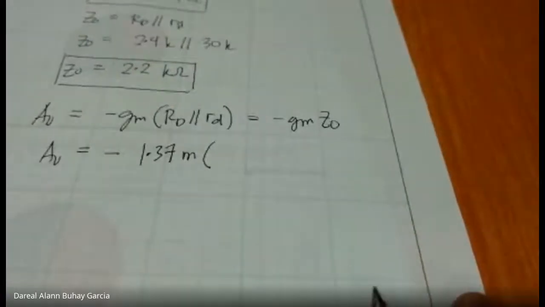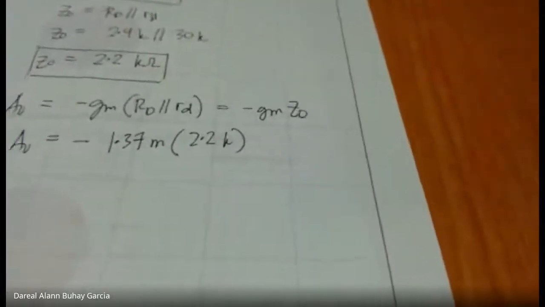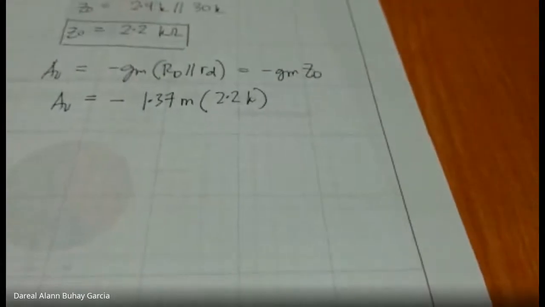Which is GM, 1.37 milli, times 2.2 kilo. Negative 3.02. More or less negative 3. We round off.